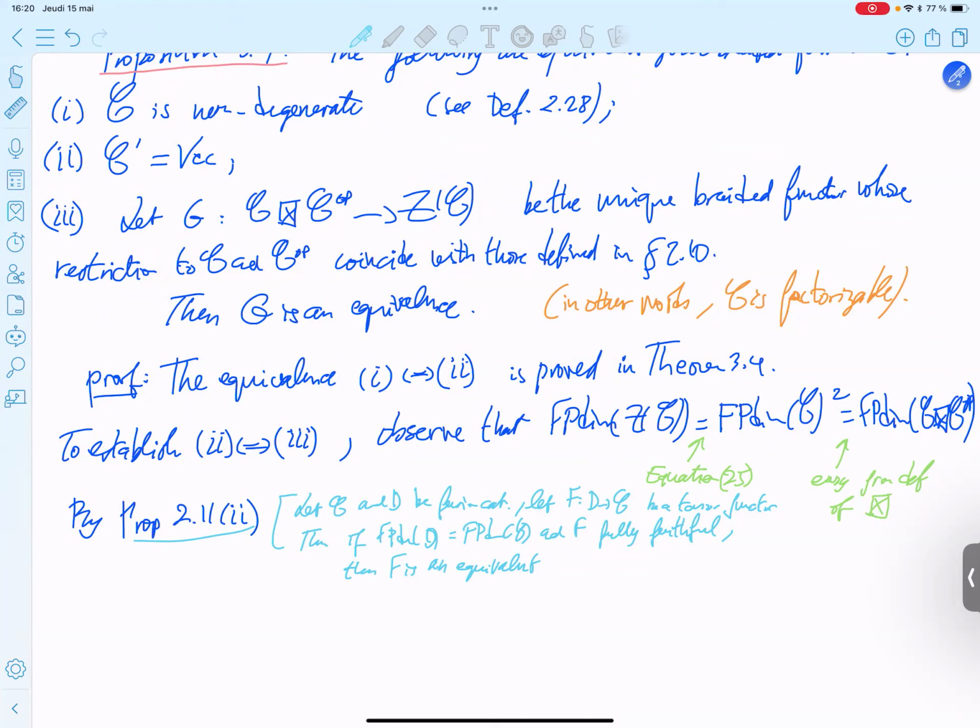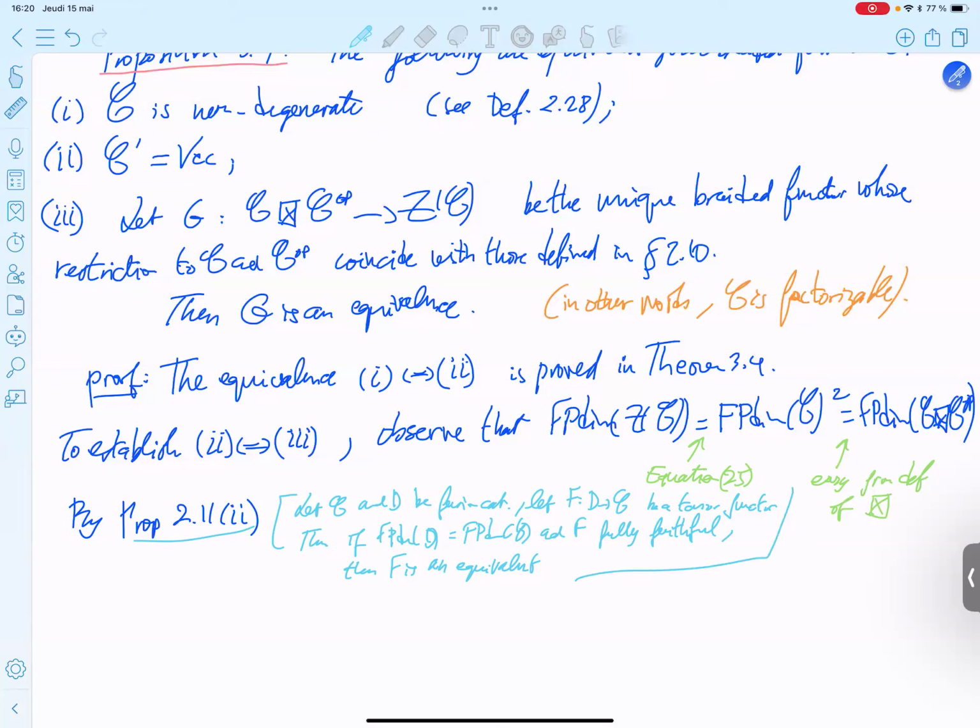This is completely trivial. If you have a subspace of a vector space of the same dimension, then they are equal. This is the same idea. Okay.